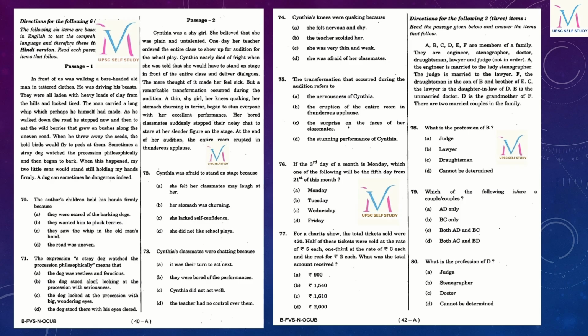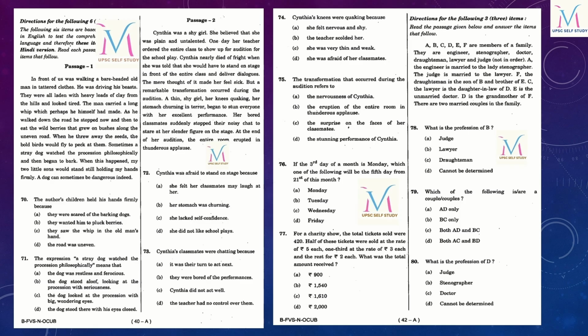And 71. The expression "a stray dog watched the procession philosophically" means the stray dog is watching. Okay. So what does it refer to? A, the dog was restless and ferocious. B, the dog stood aloof, looking at the procession with seriousness.